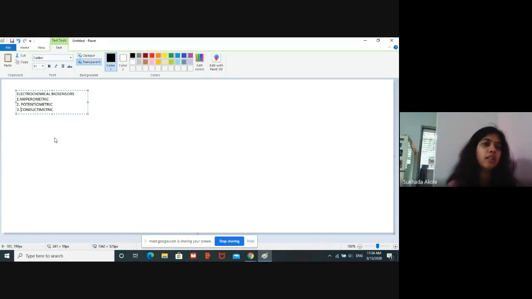So the first one is amperometric biosensors. Now these amperometric biosensors are based on the movement of electrons. So how movement?